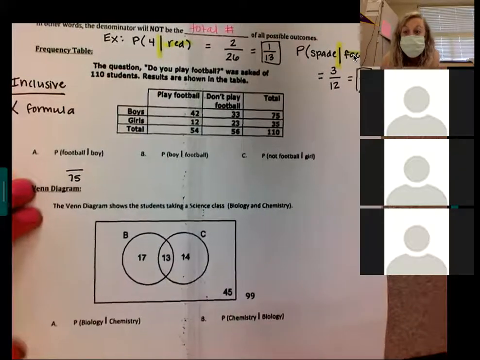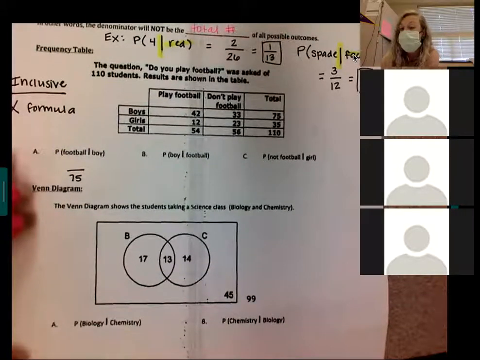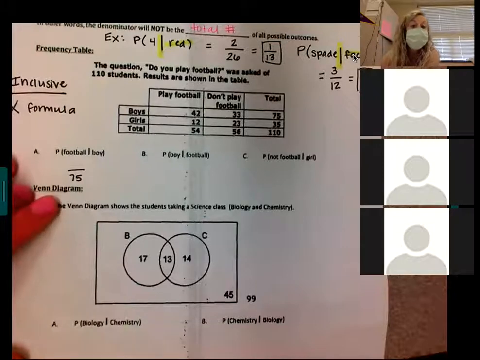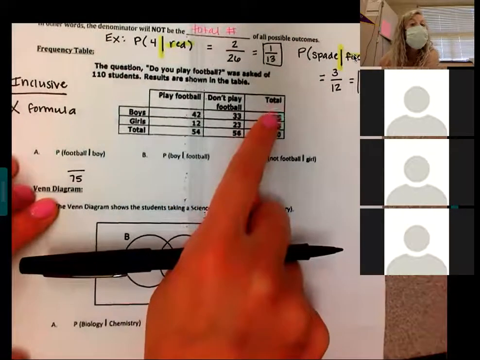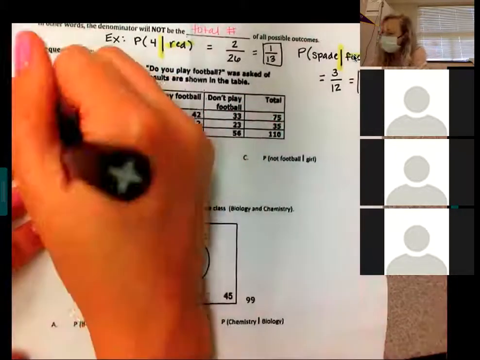If you joined late, conditional probability means that we're only looking at a certain part of our sample space. So it's not going to be out of the total anymore. So given they're a boy, that would be 75. How many of those 75 play football? 42. Very good.